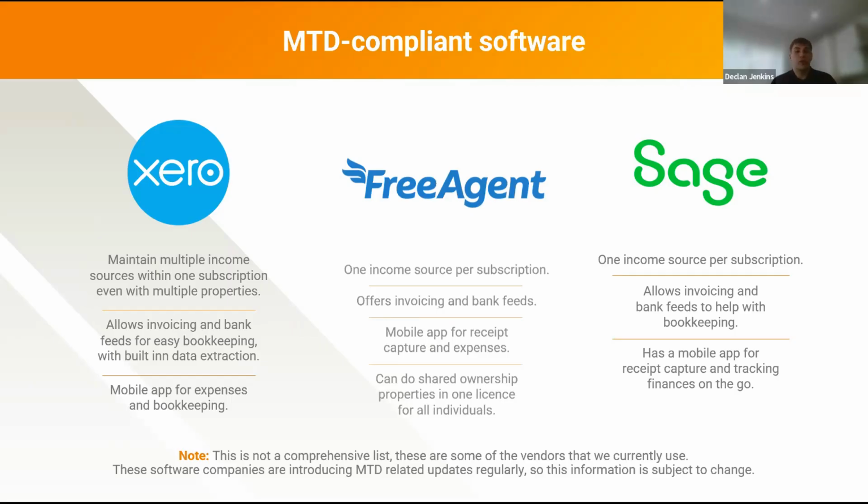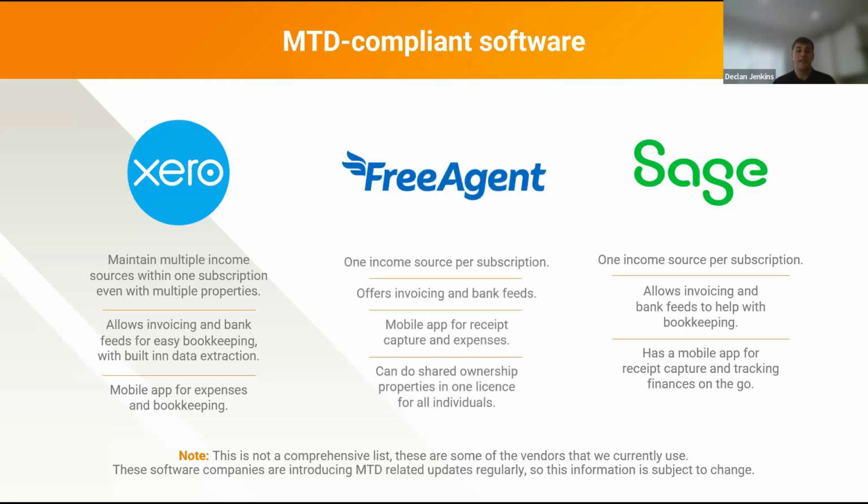Xero, you can do multiple income sources within one subscription, even if you have multiple properties. Now, I will quickly add in income sources. It's one submission per income source. So if you had a sole trade and some UK properties, no matter how many, if you have UK properties and they're rented out, they're all just lumped into a UK property business.